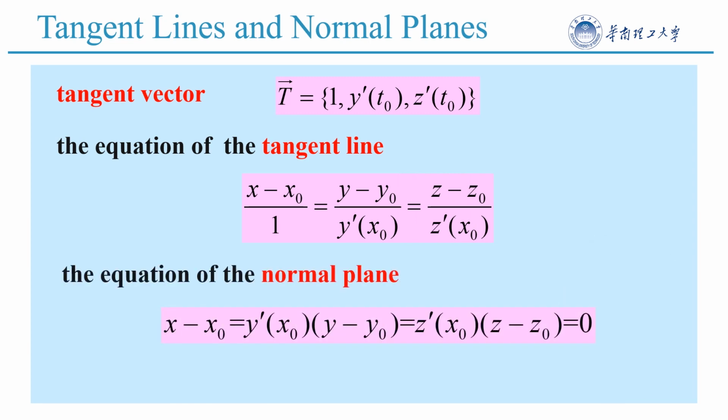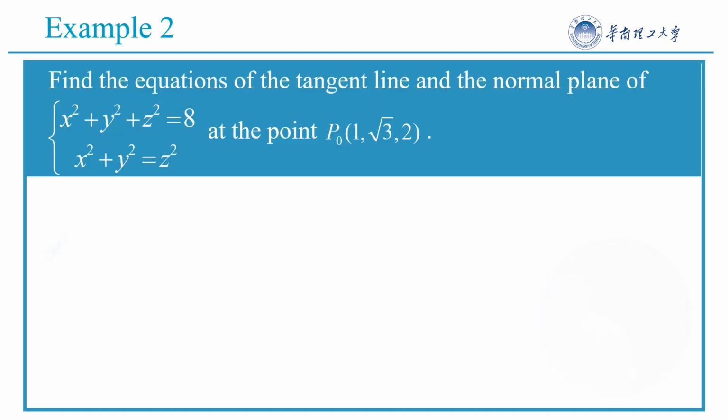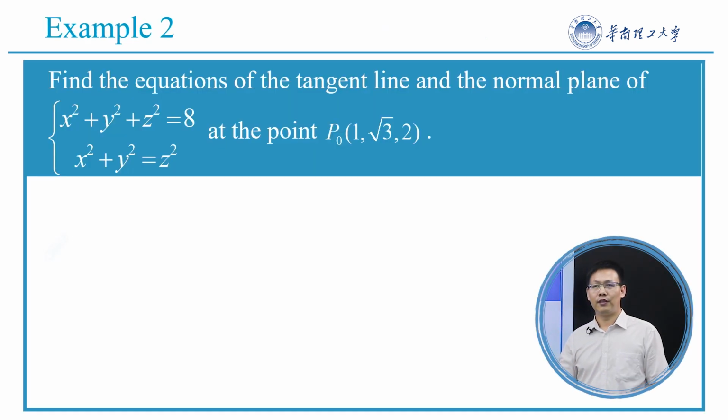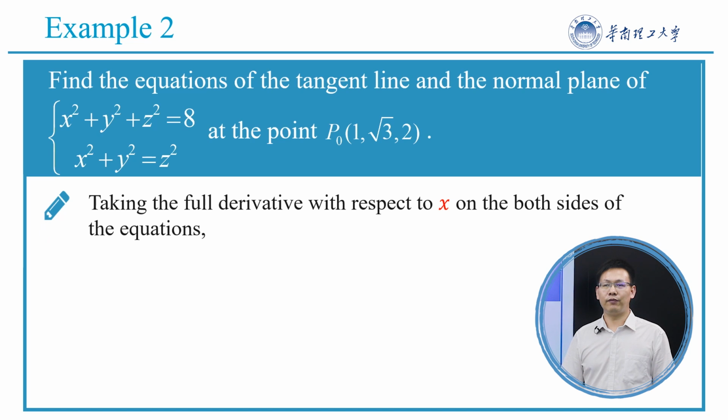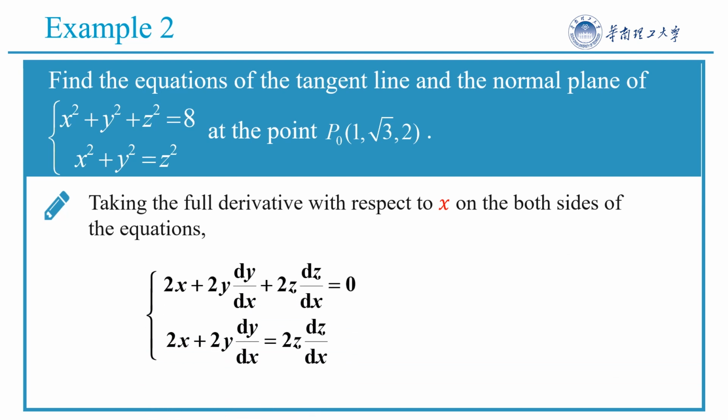They are the following expressions. Example 2. Find the equations of tangent line and normal plane of the following curve at P0. Solution. Taking the full derivative with respect to x on both sides of the equation, we have the following expressions.